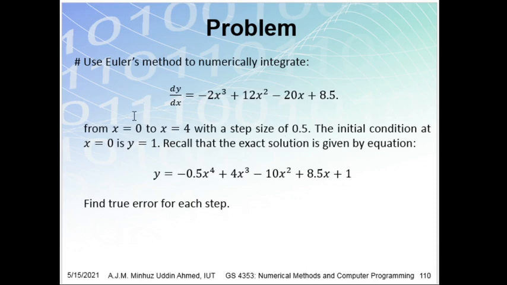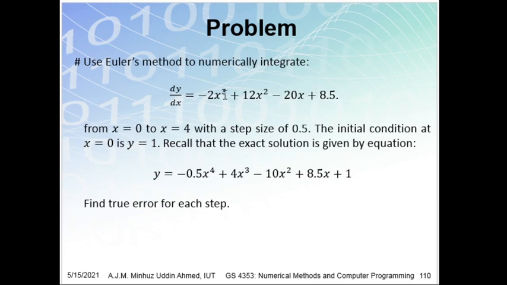That is, I will start from x equals 0, then predict x equals 0.5, then x equals 1, incrementing by 0.5, then 1.5, then 2, then 2.5, then 3, then 3.5, then 4. So use this to numerically integrate this function.